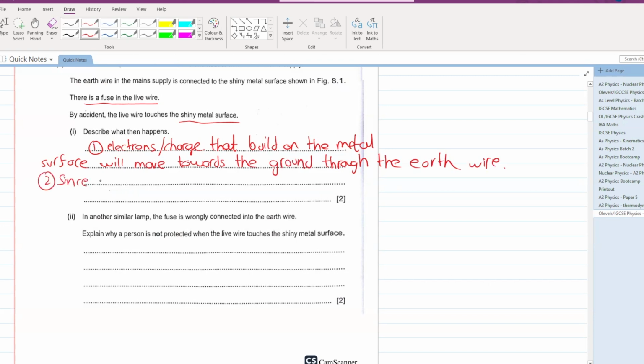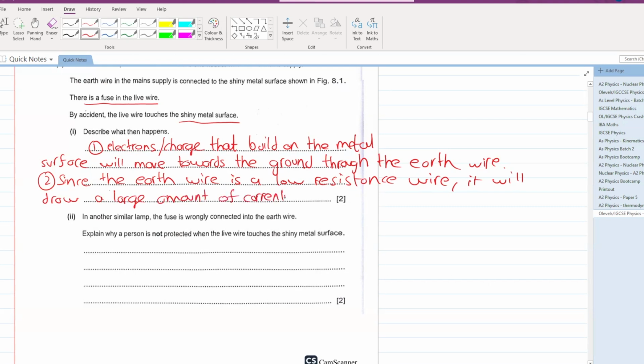Since the earth wire is a low resistance wire, it will draw a large amount of current into the circuit, and the fuse blows off.